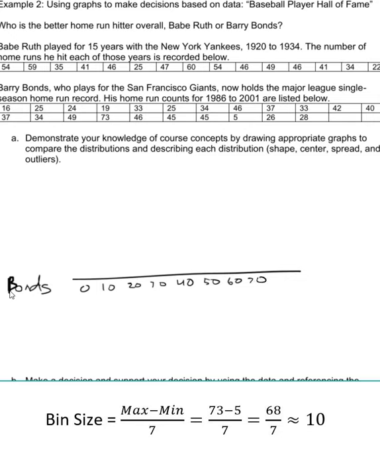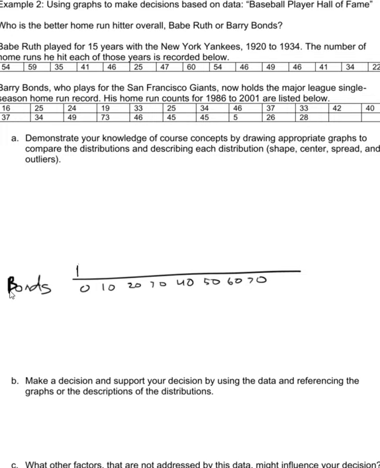Okay, so how many times did he hit 0 to 10? He hit it once. How many times did he hit in the teens? He hit 1, 2 of them. How many times did he hit in the 20s? 1, 2, 3, 4, 5. 5 of them. See how I'm doing this?